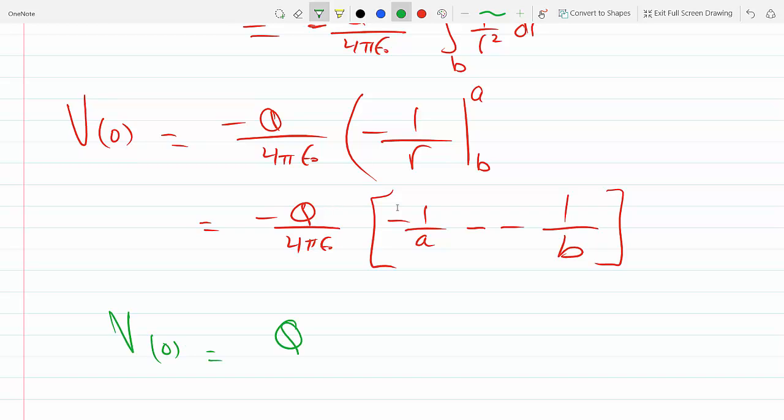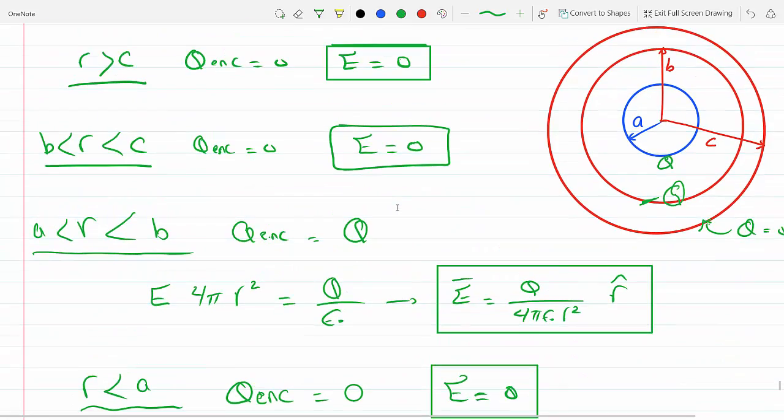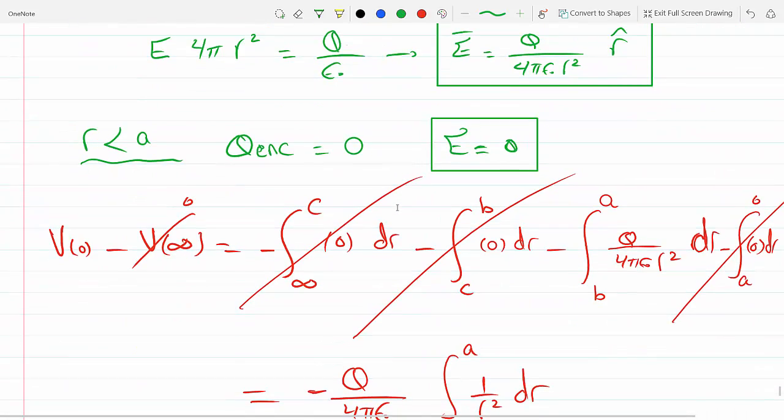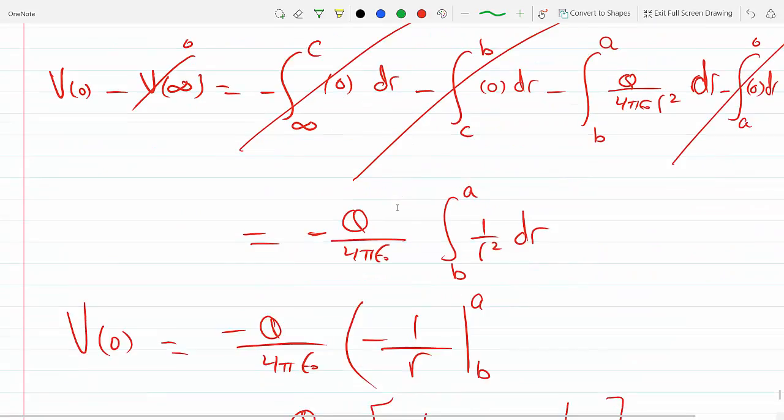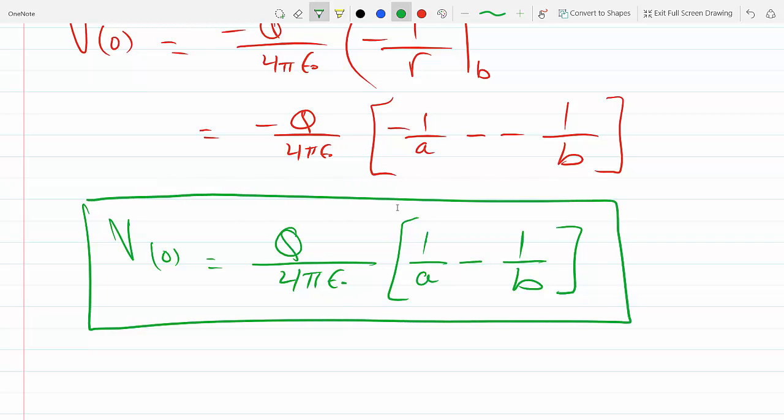Flip the signs: Q over 4 pi epsilon times 1 over a minus 1 over b. So this is how the answers change, considering that we ground the outer shell.